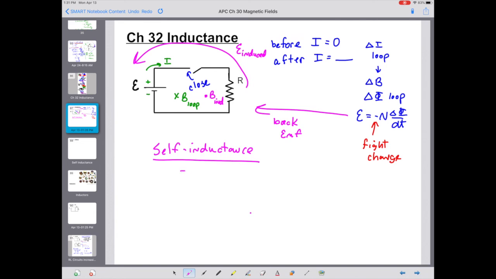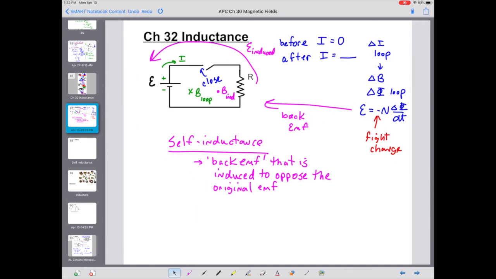In general, let's define self-inductance. It is basically that back EMF that is induced to oppose the original EMF. This original EMF is a battery. I don't want to say it's always going to be a battery, but in this case, it is a battery.